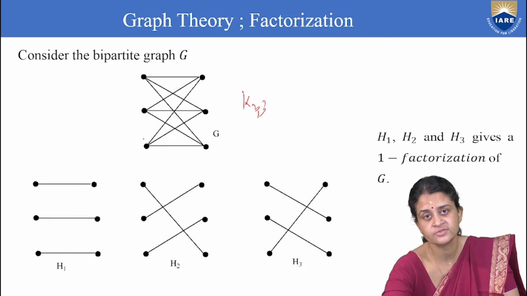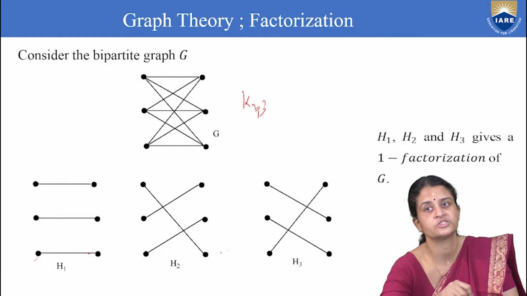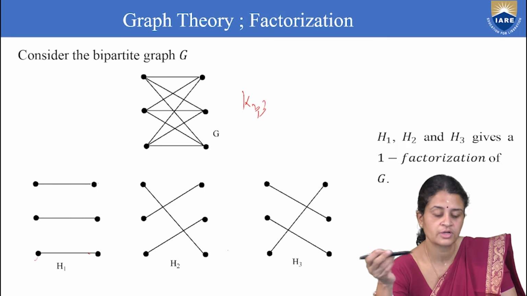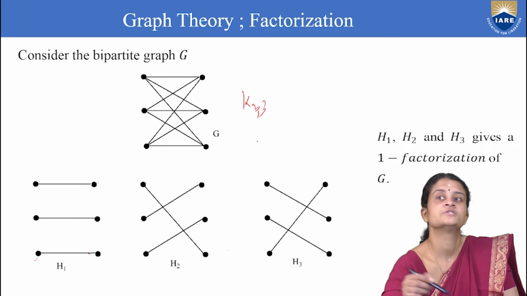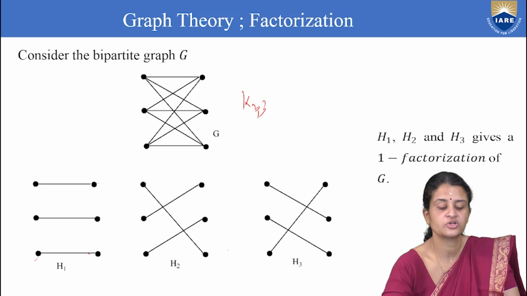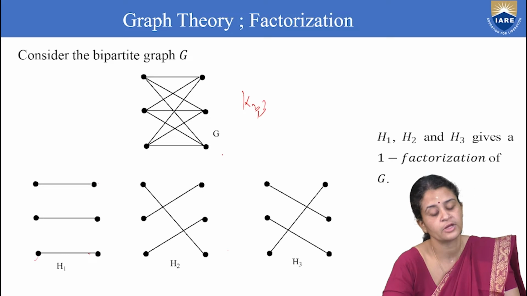If we give names to all of these, taking 1, 2, 3 and A, B, C, we can see that they are edge disjoint subgraphs. H1, H2, H3 are 3 edge disjoint subgraphs of this given K3,3. So it is a one-factorization of the given graph K3,3, or the given graph G.